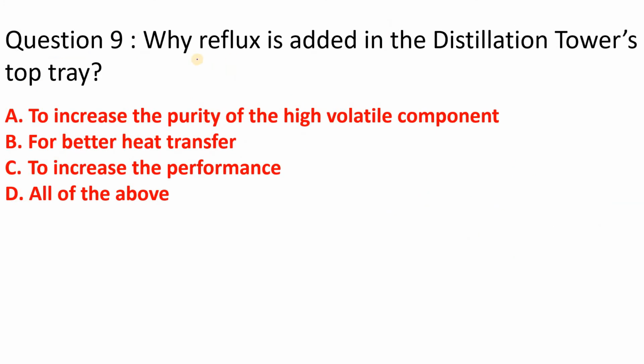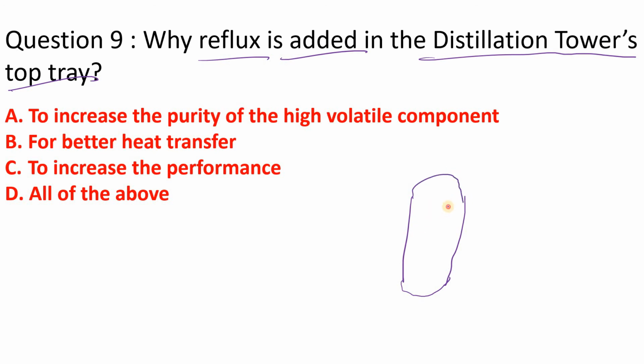Now the ninth question is: why is reflux added in the distillation tower's top tray? That question is also very conceptual and interesting. Let's suppose this is my distillation tower. From the bottom the vapors are coming, and from the top the liquid is going below. So they come into intimate contact.